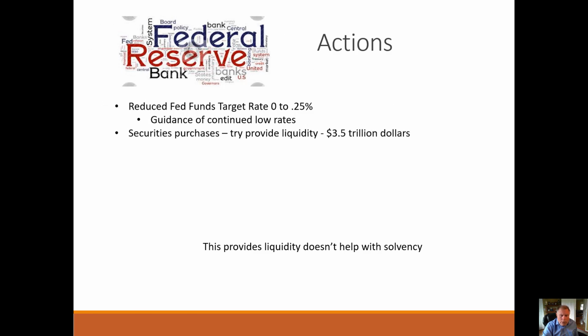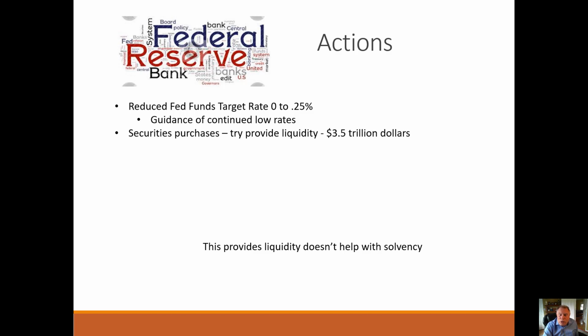The security purchases, they try to provide liquidity. This is liquidity, and they've purchased over $3.5 trillion in the past couple of months. These are U.S. Treasury bonds, notes, bills. It also includes government-guaranteed mortgages such as Ginnie Mae and Fannie Mae.